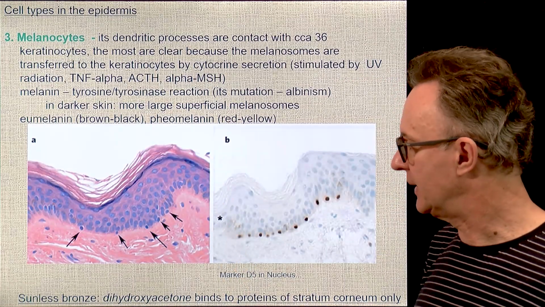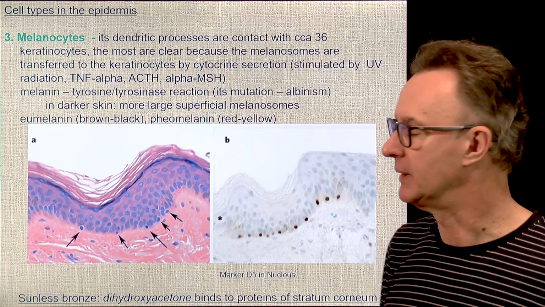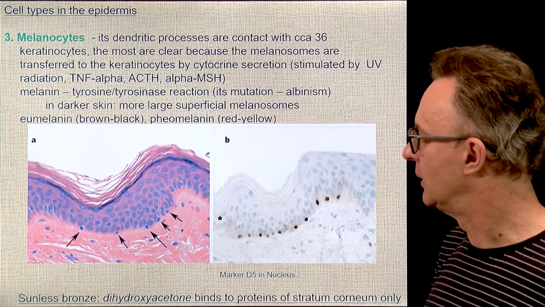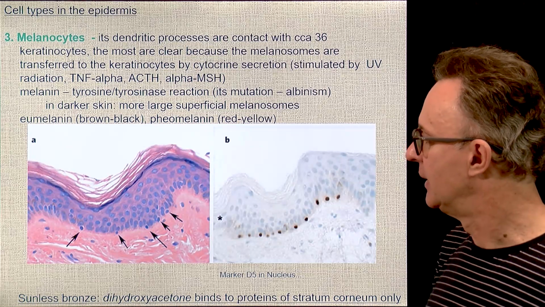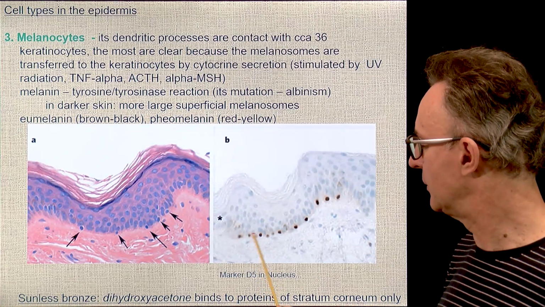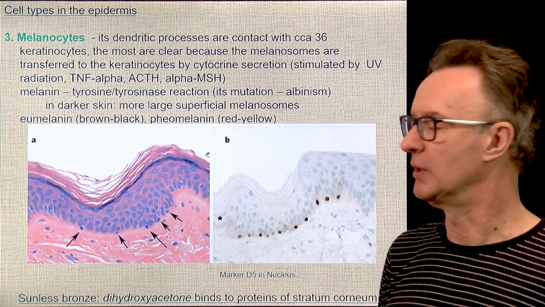We have melanocytes with the regular hematoxylin-eosin staining. These are quite pale cells, so we are not able to see them in the slides. But if we use special immunohistochemistry and antibodies, then we are able to visualize these cells.